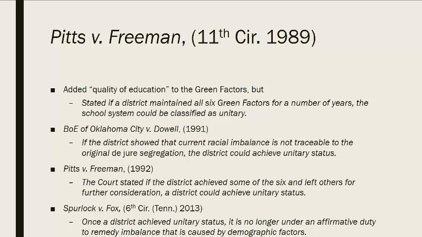Oklahoma City famously operated with a finger plan and tried busing in order to integrate, and there were a lot of issues with that. Pitts versus Freeman, at the circuit court, it added quality of education to the Green factors in 89, but by the time it made it to the Supreme Court in 92, the court chipped away and said not all 6 of the Green factors had to be met, but as long as some were, the others could be left for further consideration.